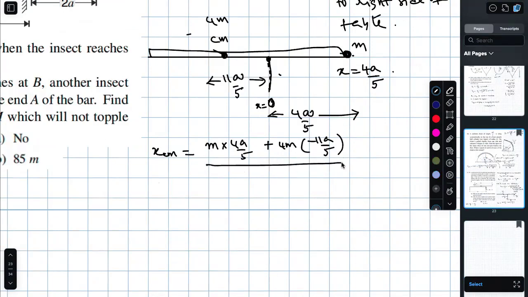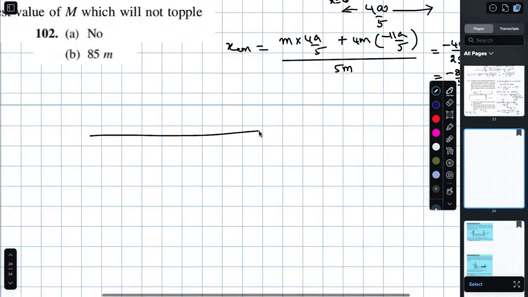This gives 4 minus 44, that is minus 40 by 25A. Now tell me, what does minus 40 by 25A mean? Minus 40 by 25 means minus 8 by 5 A, which means the whole, this is the edge.